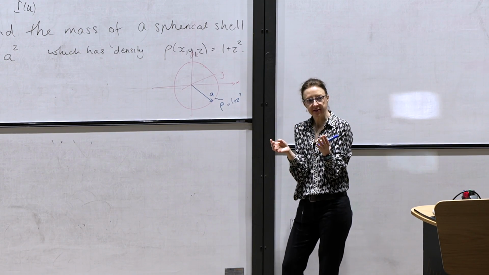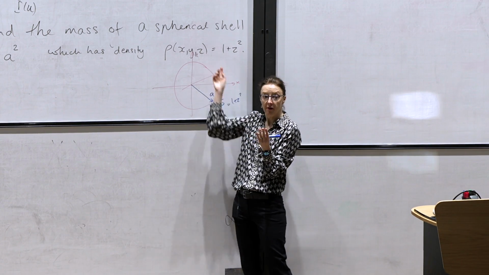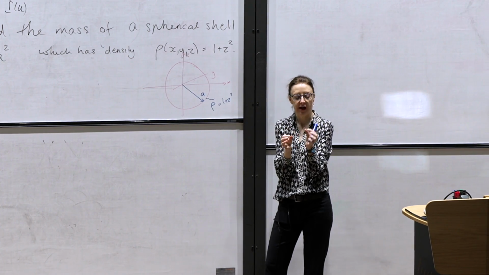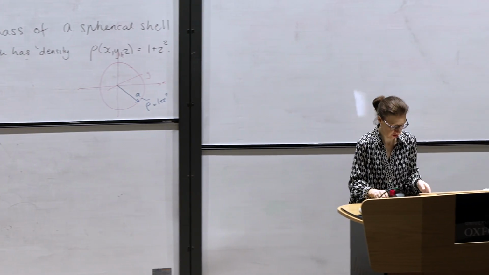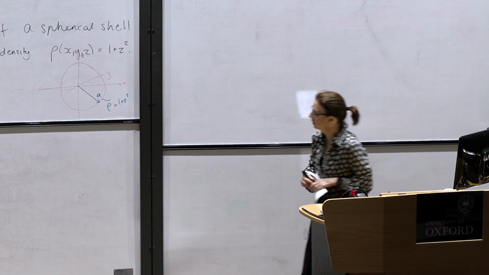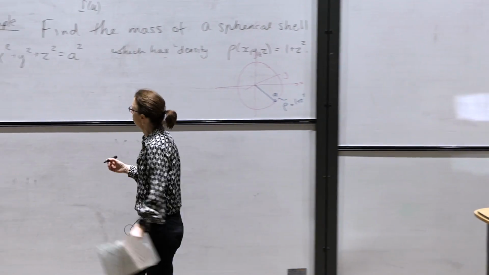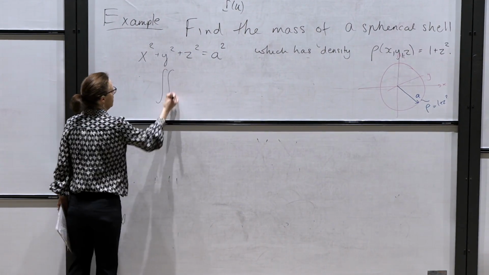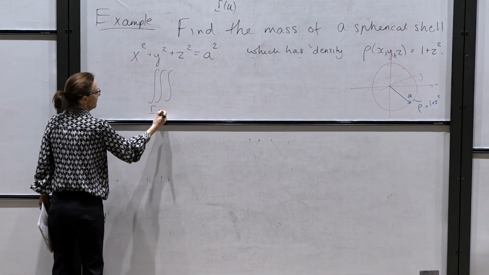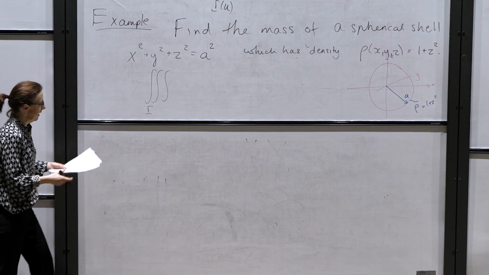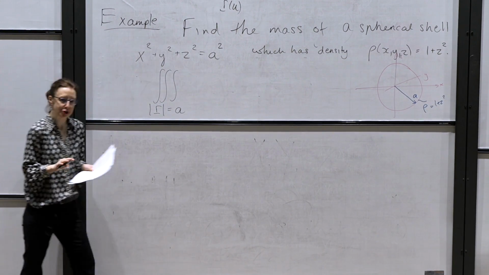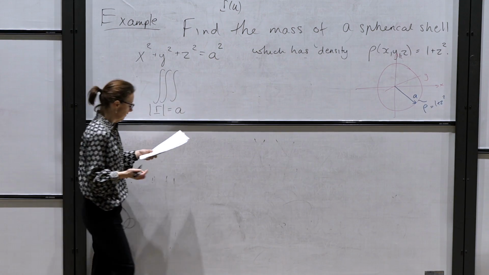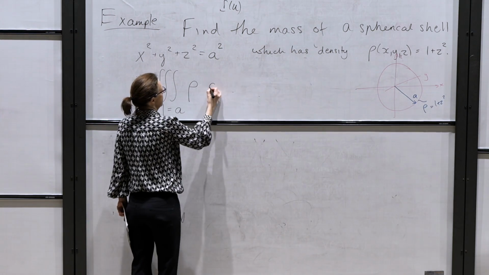So to do that, we sum up, density is mass per unit area, we sum up all the masses at each area element over the surface, and that will give us the total mass. So the computation we want to do is the integral over the surface, so that would be mod r equals a, the surface of the sphere, times the density dS.